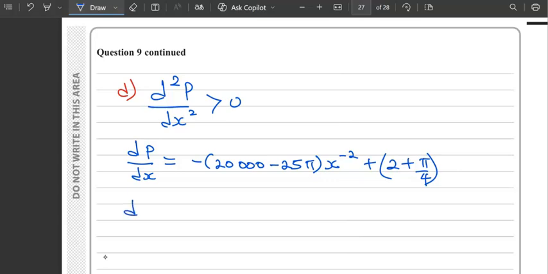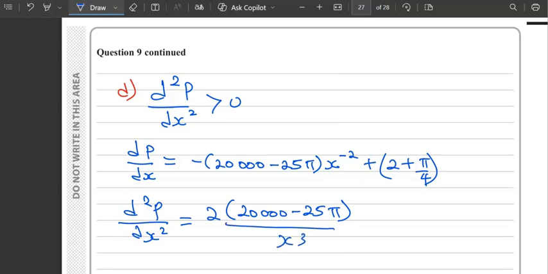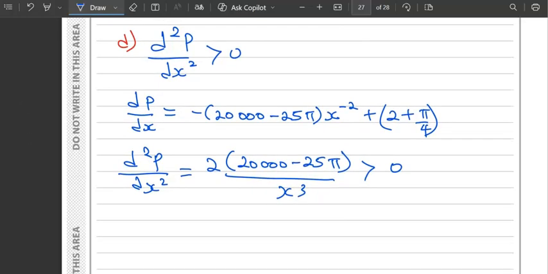So getting the second derivative here, differentiating this again, we'll have 2 into 20,000 minus 25 pi. Of course, this one will be over x cubed, then the constant here tends to 0, but this itself should be greater than 0. So what do we need to do?